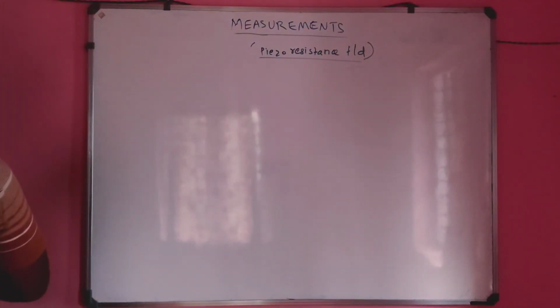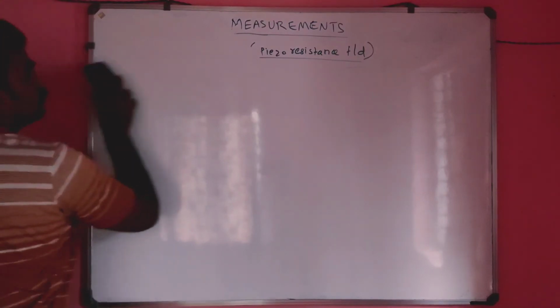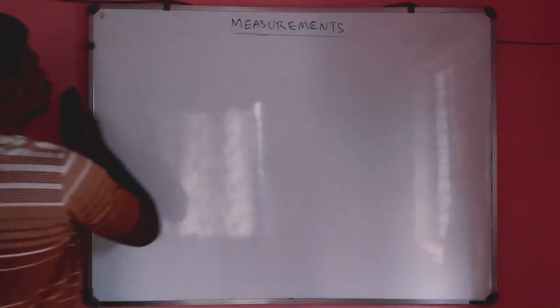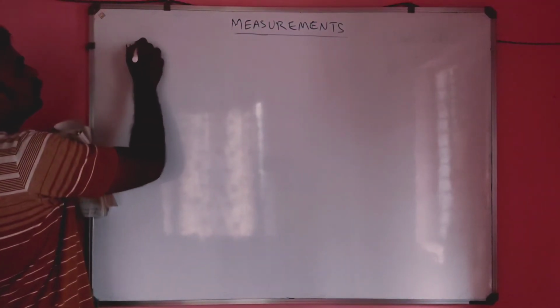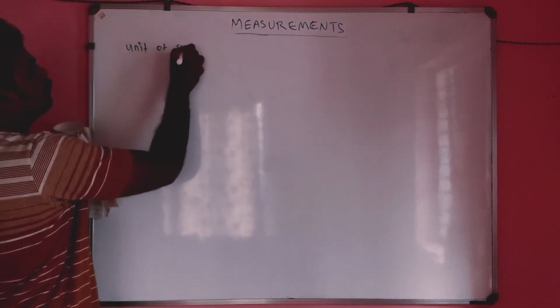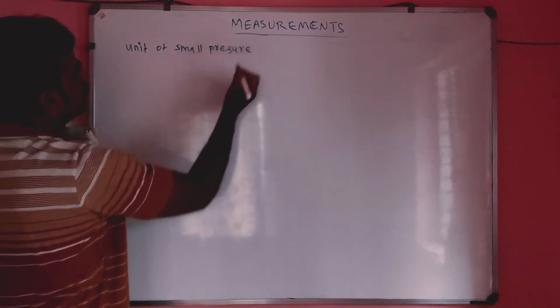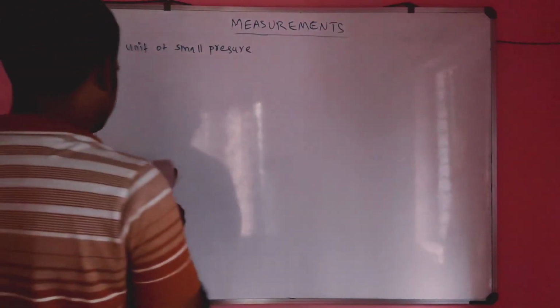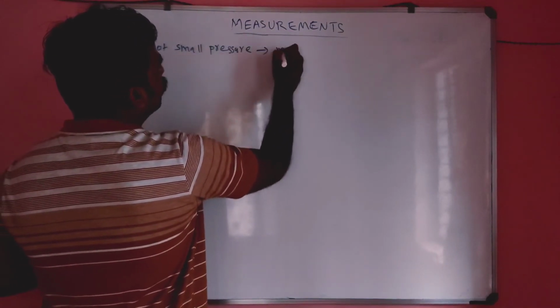First one, unit of small pressure, it is micron.